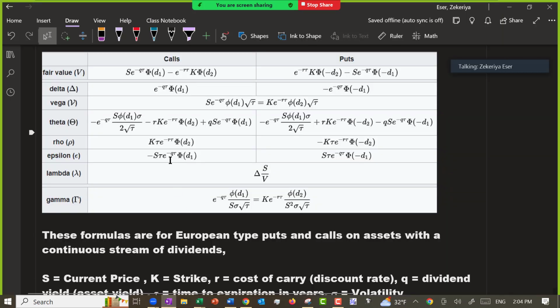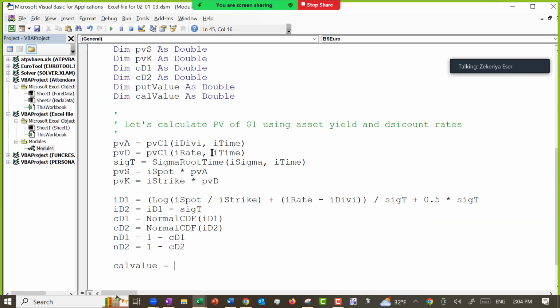Present value of the spot price using the asset yield times N of D cumulative D1 minus present value of the strike cumulative D2, right? So that's PVS times ID1 minus PVK times ID2. That's it.